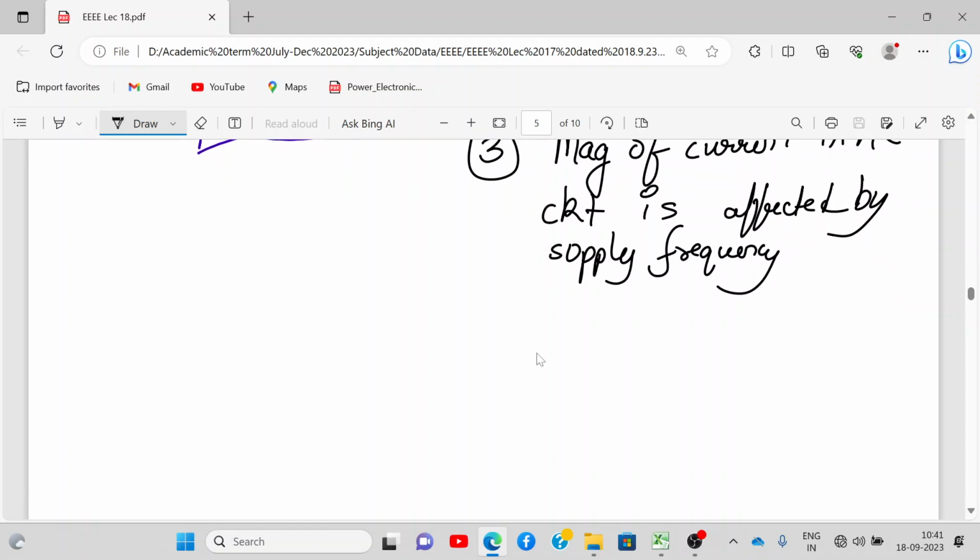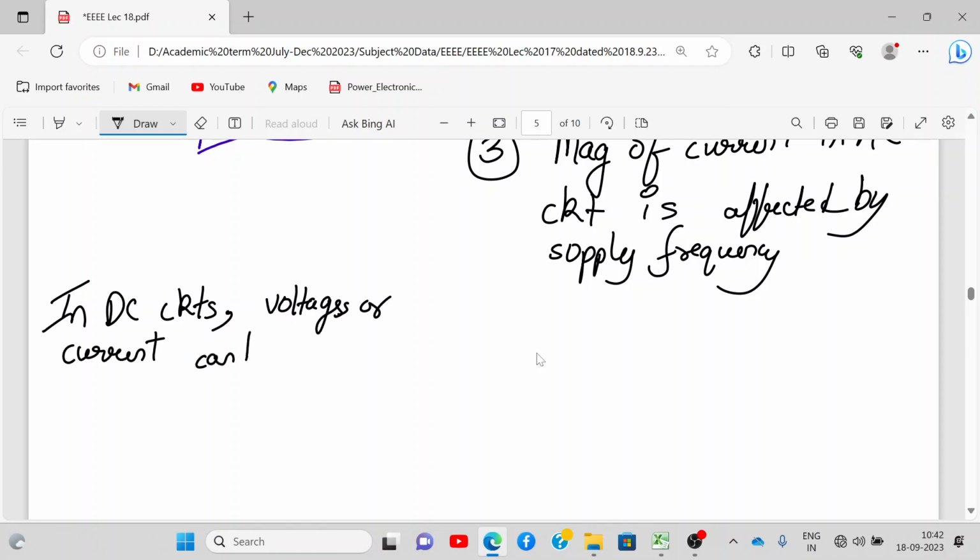So write down, in DC circuits, voltages or currents can be added or subtracted arithmetically.